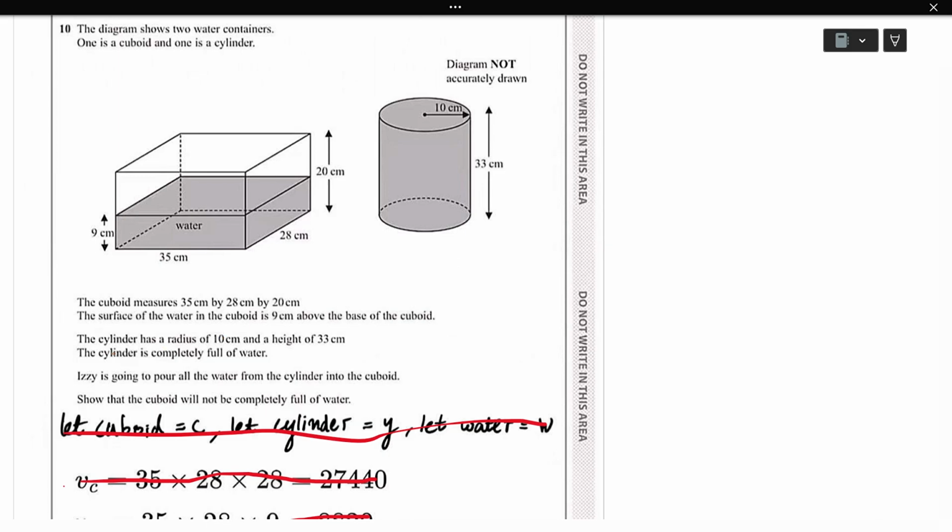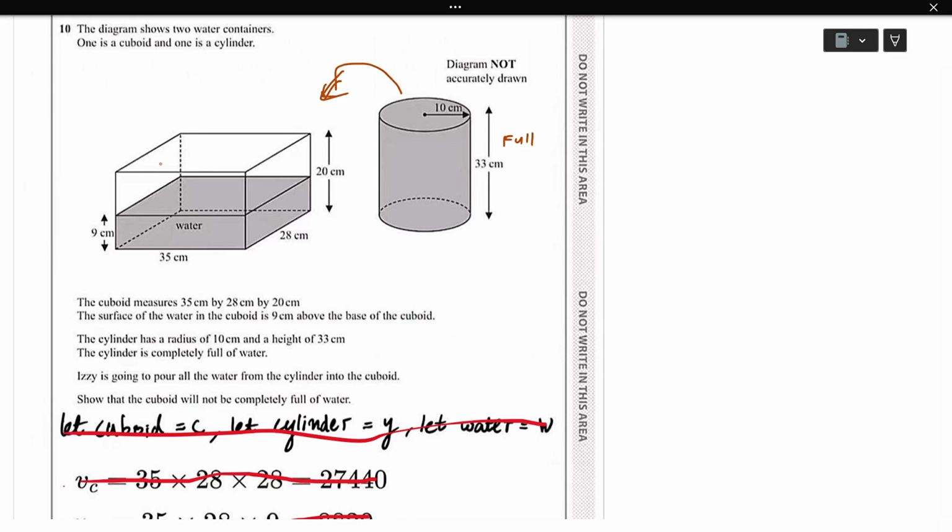Next, the cylinder has a radius of 10 and a height of 33. The cylinder is completely full of water. Easy is going to pour all the water from the cylinder into the cuboid. Show that the cuboid will not be completely full of water.